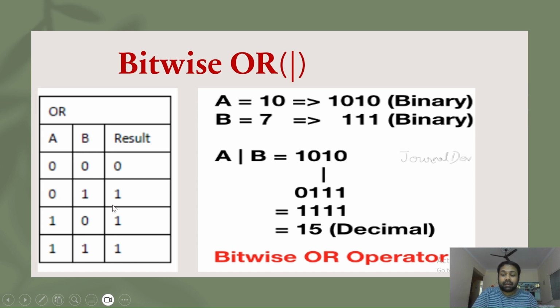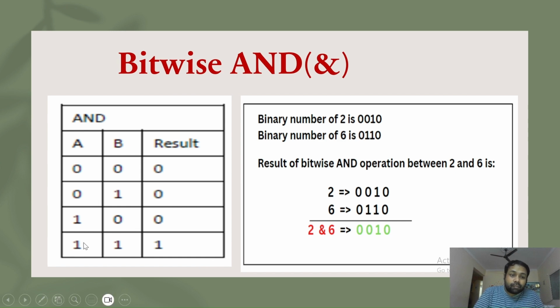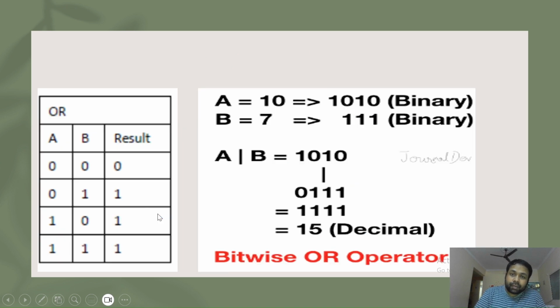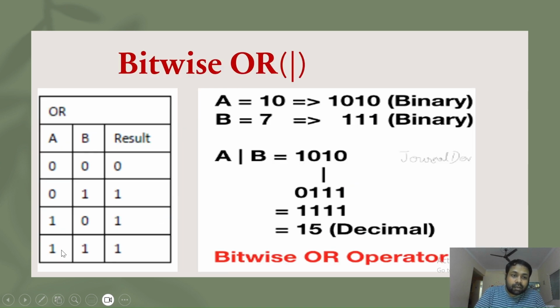With AND, both should be 1 to become 1, and in all remaining cases the answer is 0. But in bitwise OR, if at least one 1 is there, then the answer is 1. To get the result false, 0, both values should be 0. 0 or 0 is only 0. In all remaining cases, it is 1.